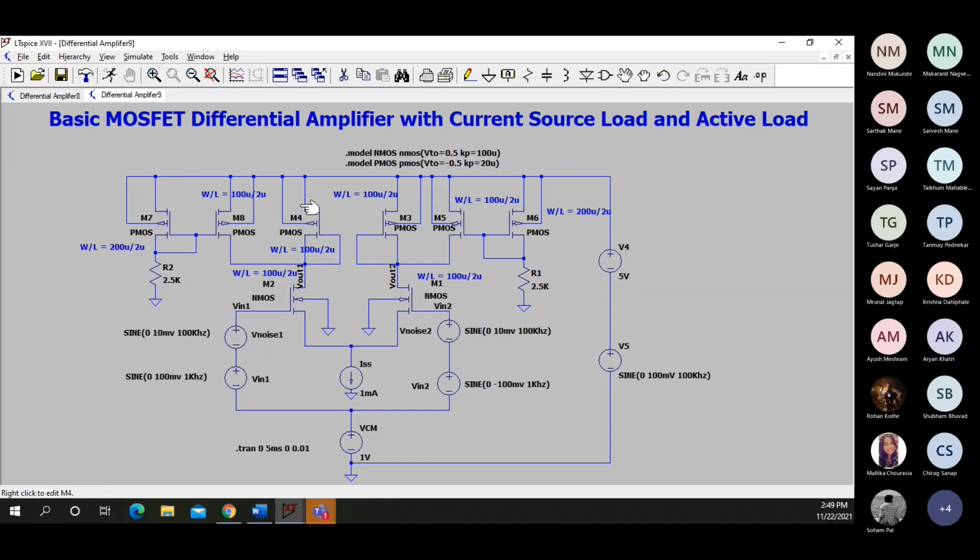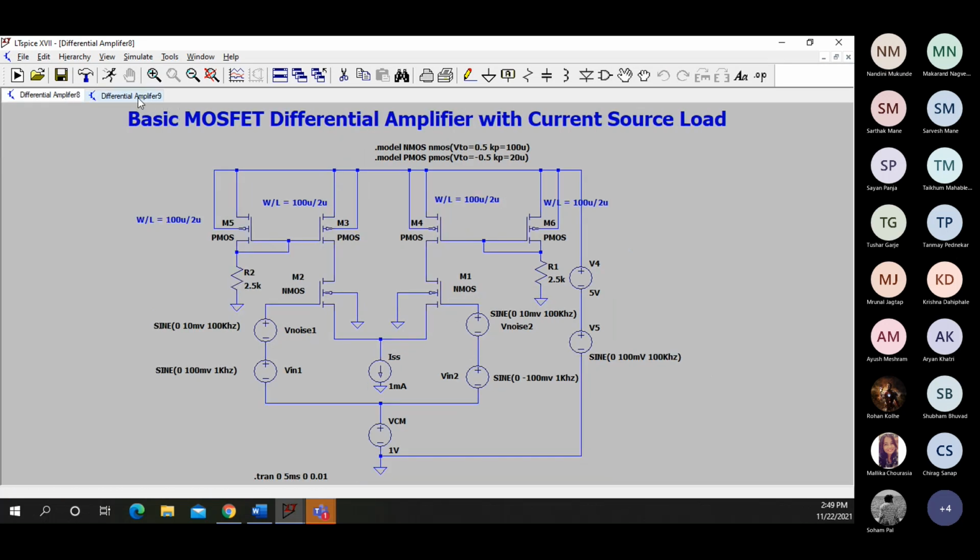So you can see now the gain equations and all. So first you make this and then you make this.